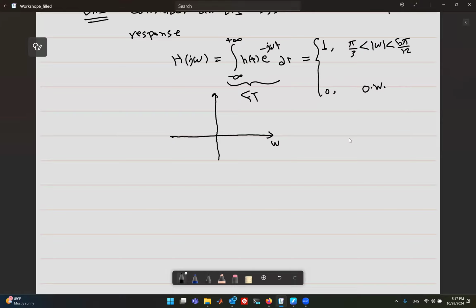So when ω is between π/3 and 5π/12, it will take the value of 1. And since we have here the absolute value, then this will be satisfied also on the negative side. So this is minus π/3, and this is minus 5π/12. Again, it's 1 here also.